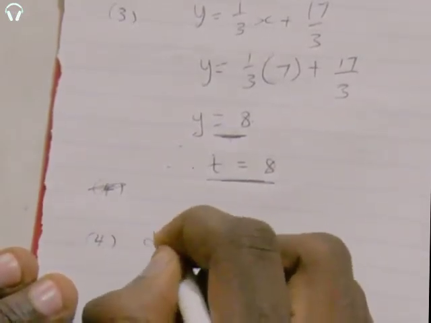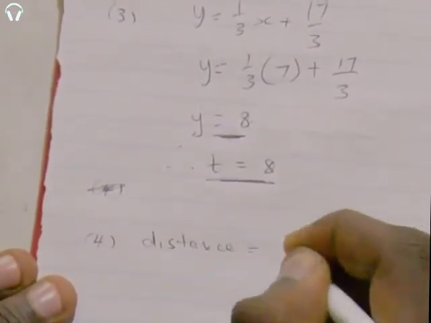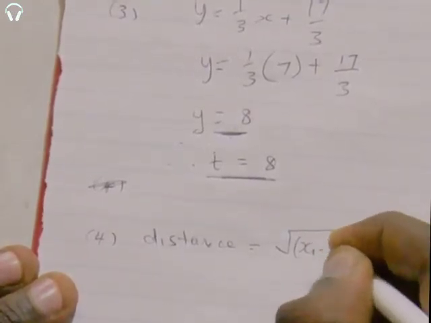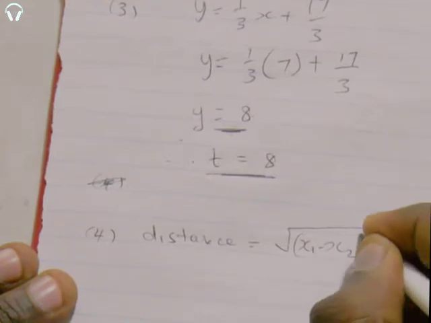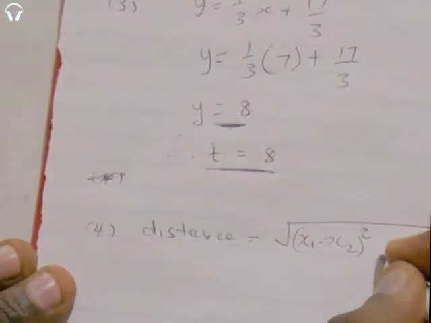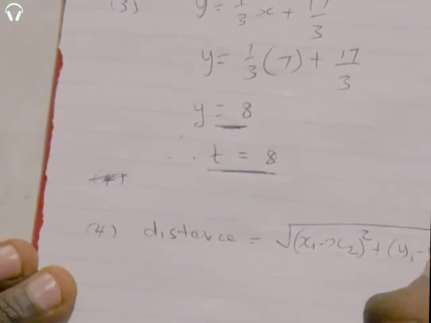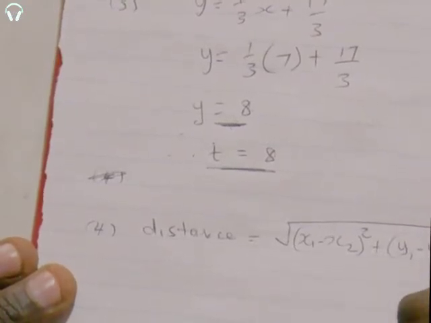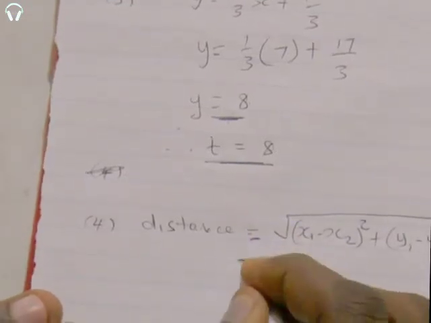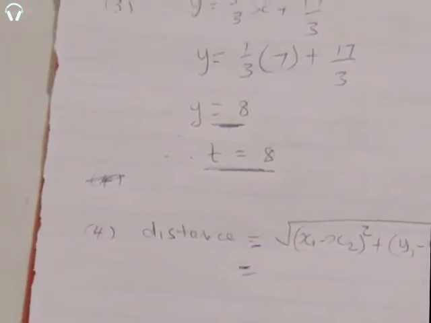The distance between 2 points is the root of x1 minus x2, which is the difference between the x coordinates of the points, all squared, plus y1 minus y2, which is the y coordinates of the 2 points.